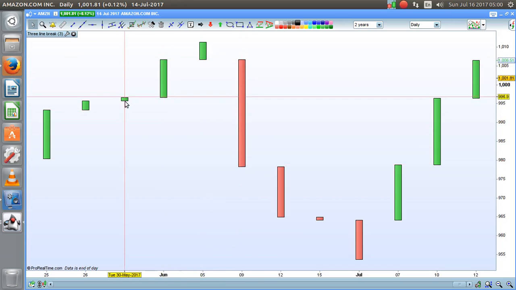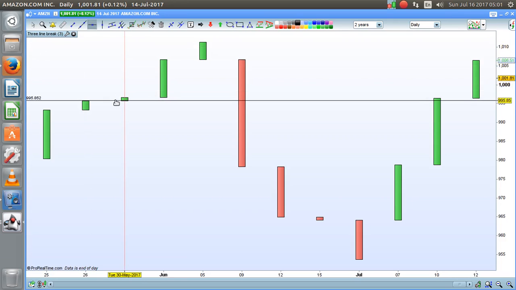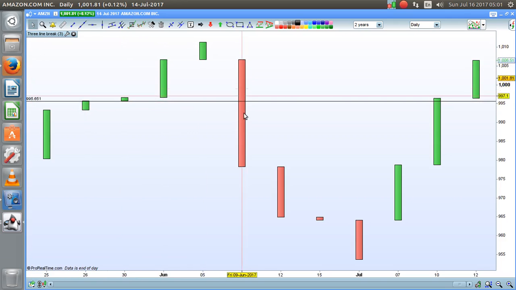Let me just put a marker here so you can see. There you go. The closing price broke below the past 3 bars, and that's why a new bar was drawn in the opposite direction.